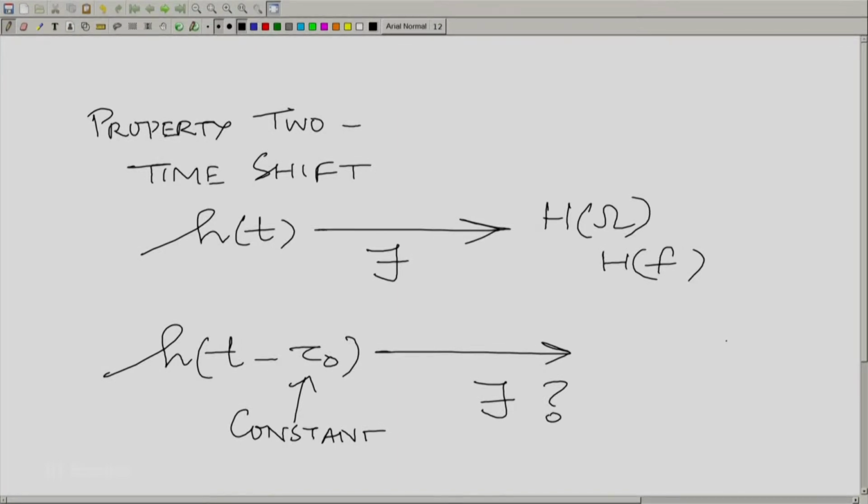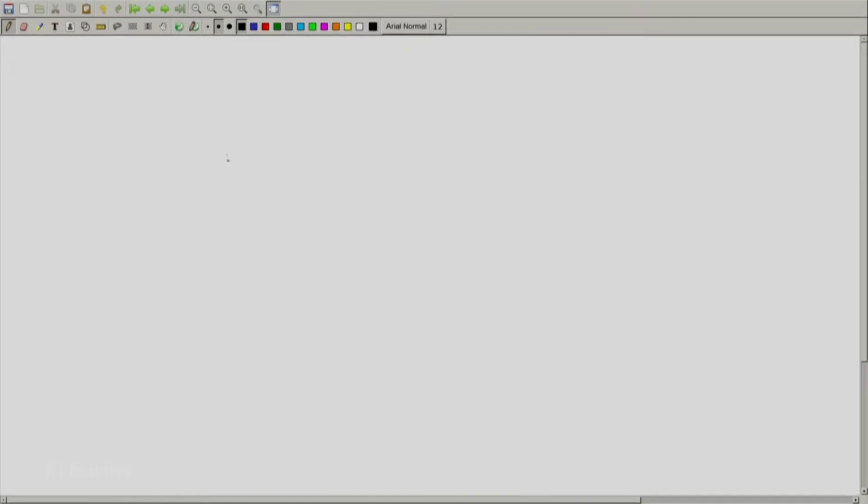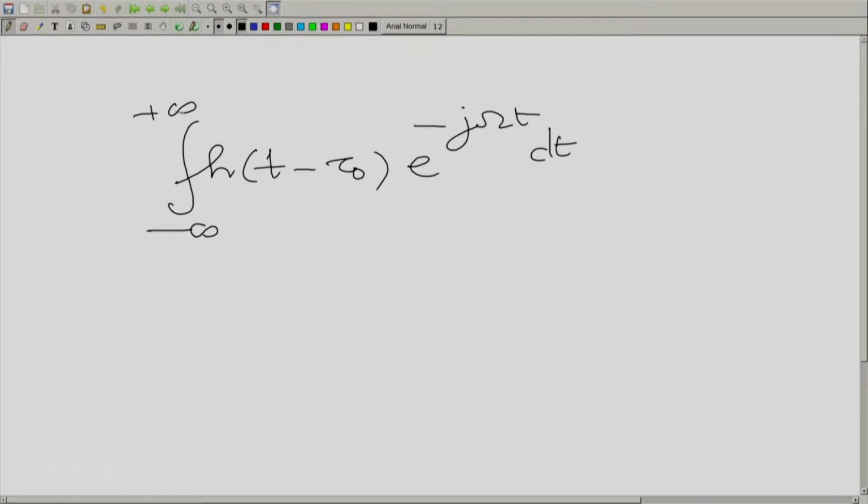So, this is the question that we ask. Very simple, let us derive it. All that we need to do is to find the Fourier transform: h t minus tau 0 e raised to the power minus j omega t dt integrated from minus to plus infinity. Put t minus tau 0 is equal to lambda, whereupon t is lambda plus tau 0 and dt is the same as d lambda.